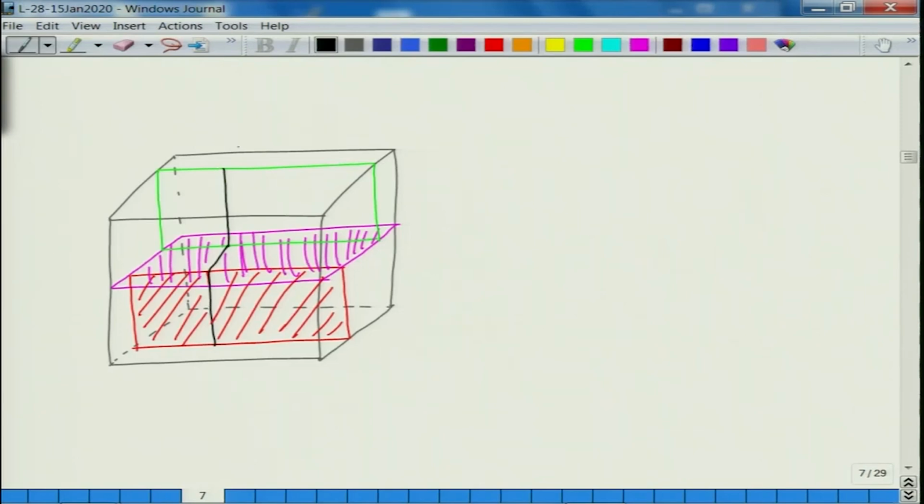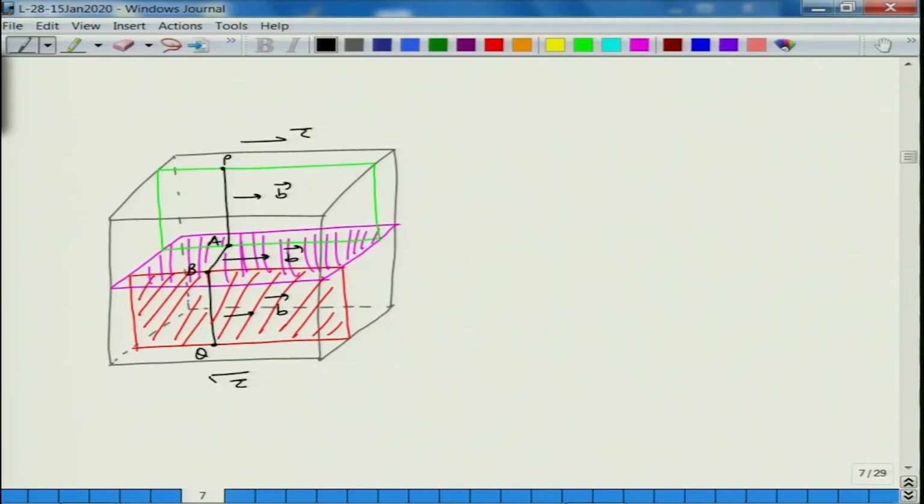So, let us say we have this segment P, A, B and Q, and the Burgers vector points in this direction. And this is, let us say, the shear stress that is applied.